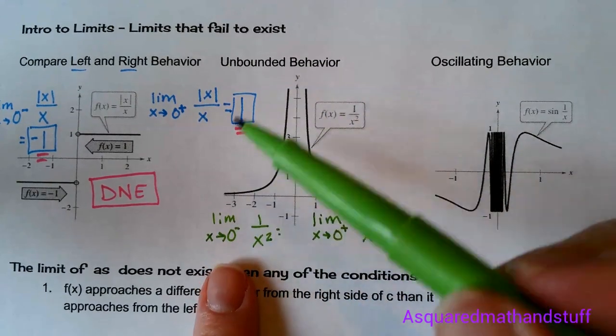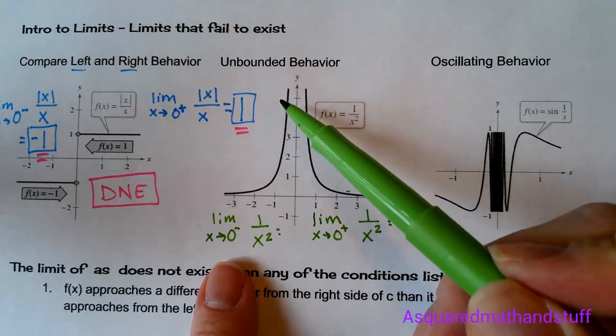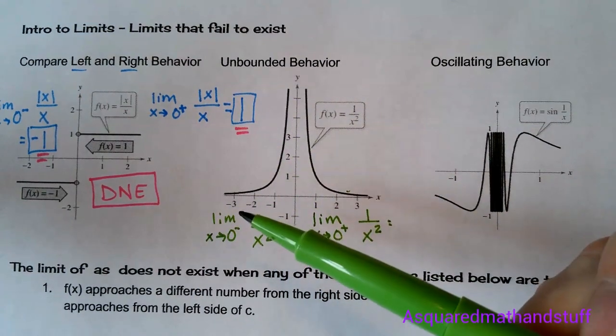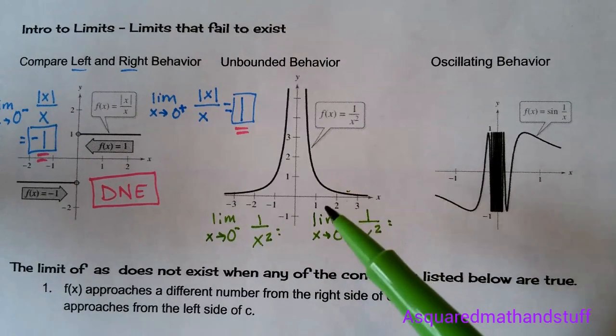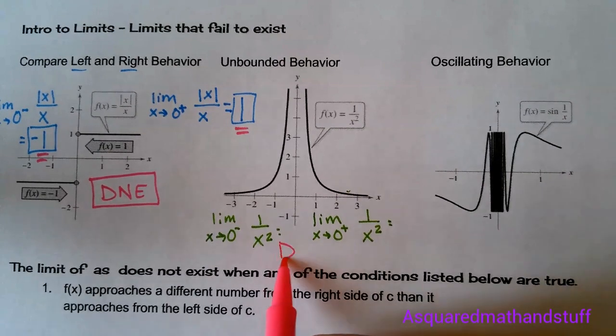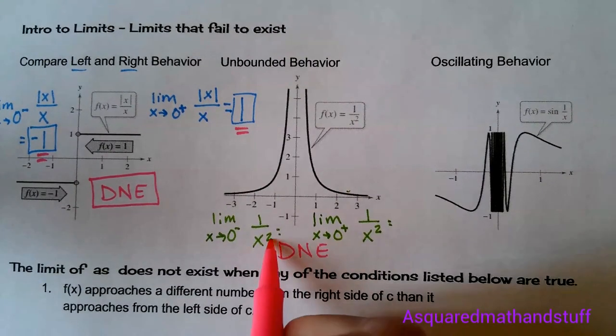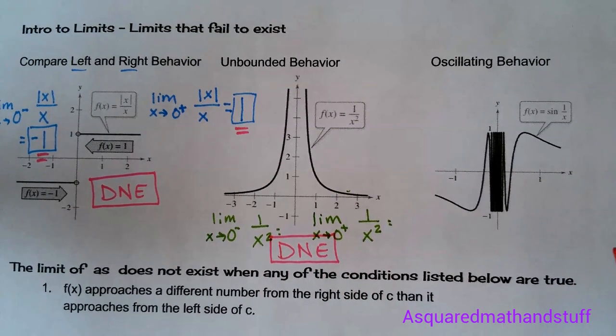Let's take a look at the left-hand side, coming in from the negative side. We continuously get larger and larger infinitely, and that's the reason this limit does not exist, because we never reach a y value, and we don't reach the same y value, because we continuously just go up and up.